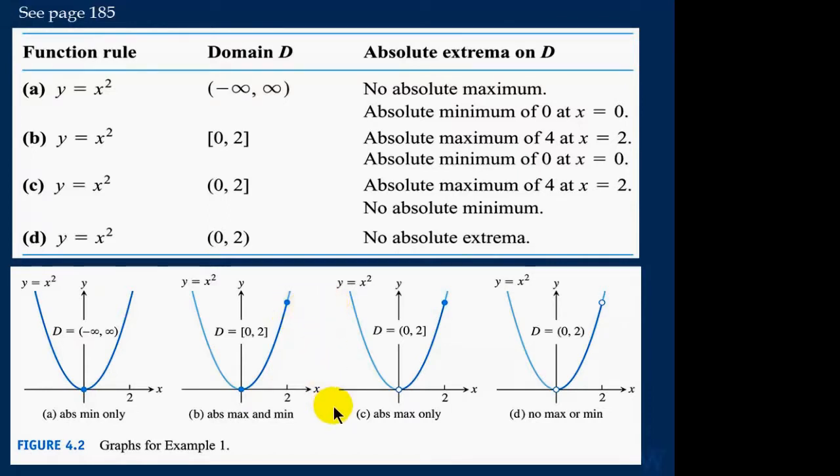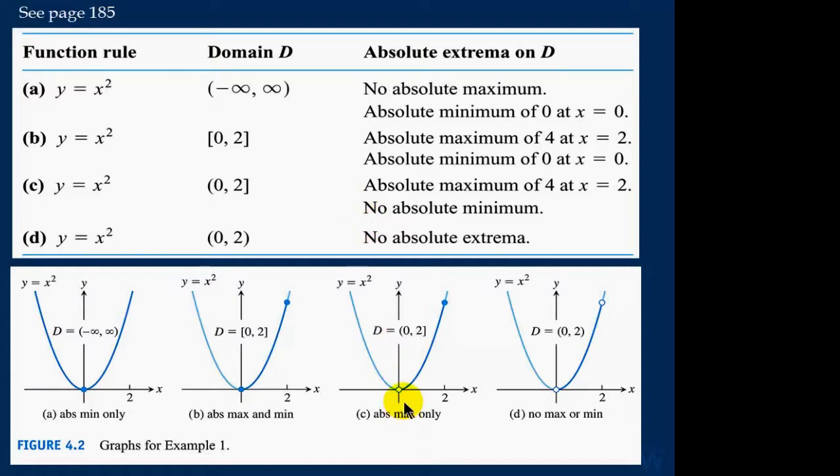Okay, now how about in letter C? In letter C, we have a half-open interval. It's open on the left side and closed on the right side, the other end of the interval. And here, we will not have an absolute minimum of the function because of the way that the domain was defined.